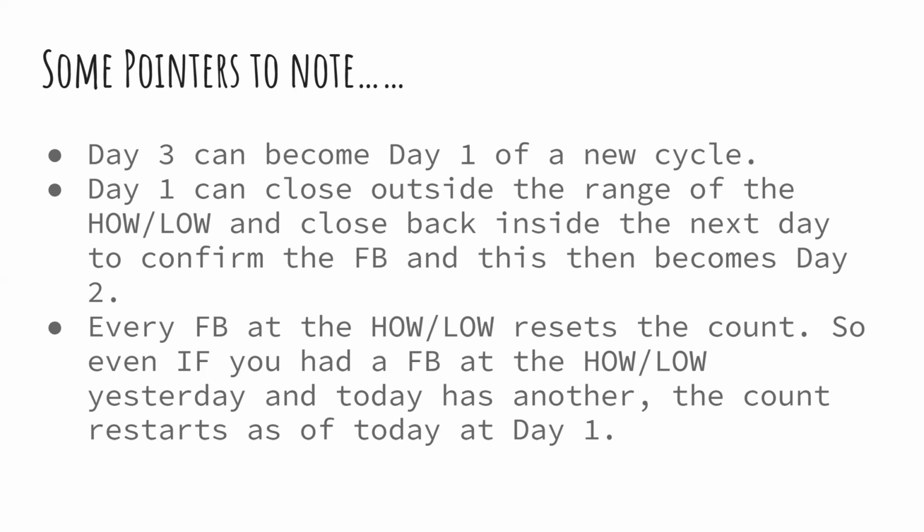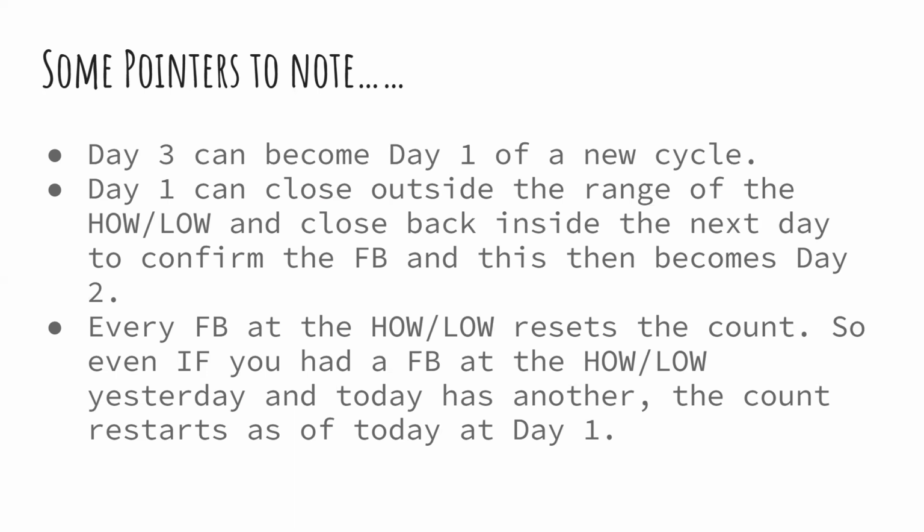Every time price breaches that high or low of the week, it resets the count. So even if you had a false break at the high or low yesterday, and today has another false break in the other direction, or even in the same direction, meaning that price would have come back inside the range and then gone back outside the range, that resets the count. And we start over as day 1.